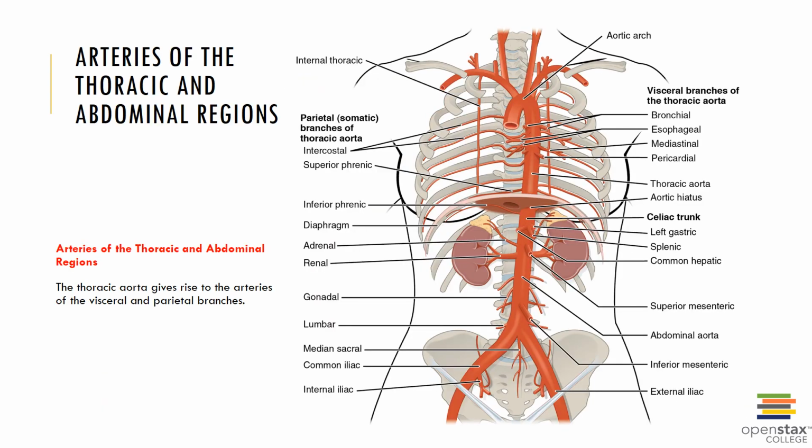The arteries of the thoracic and abdominal regions are noted here, as well as the major branches in the abdominal region, like the celiac trunk, superior mesenteric, hepatic, gastric, renal, and inferior mesenteric arteries, as well as others.